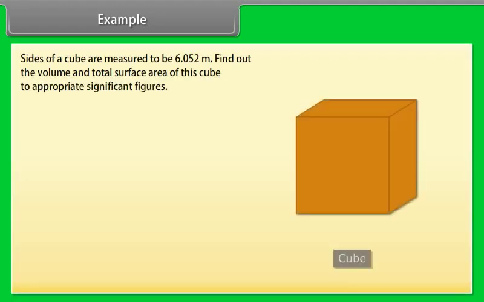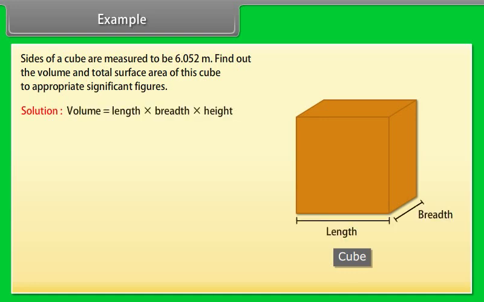Example. Let us take an example of significant figures. Sides of a cube are measured to be 6.052 meter. Find out the volume and total surface area of this cube to appropriate significant figures. Let us see the solution. Volume is equal to length into breadth into height.